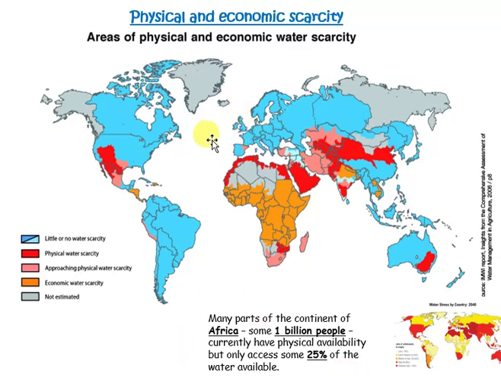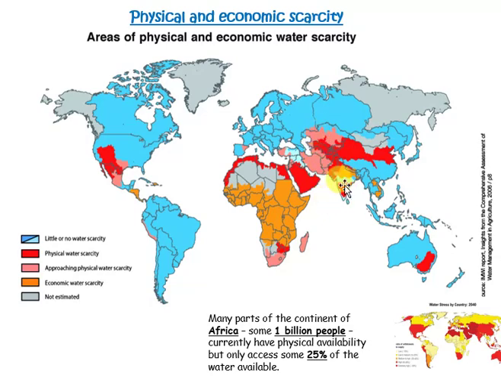You're going to struggle. If we start with physical scarcity, the regions in red: southwestern states in the USA like Arizona, northern Mexico. Then we've got North Africa, like I said, Egypt, Libya, Algeria, Morocco. The Middle East in general, Saudi Arabia, northern China, be specific with this, northern China, and Central Asian countries.